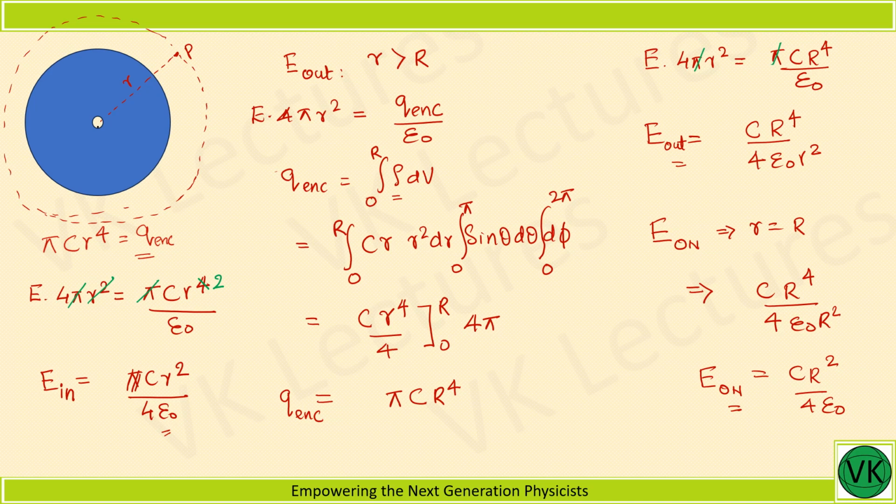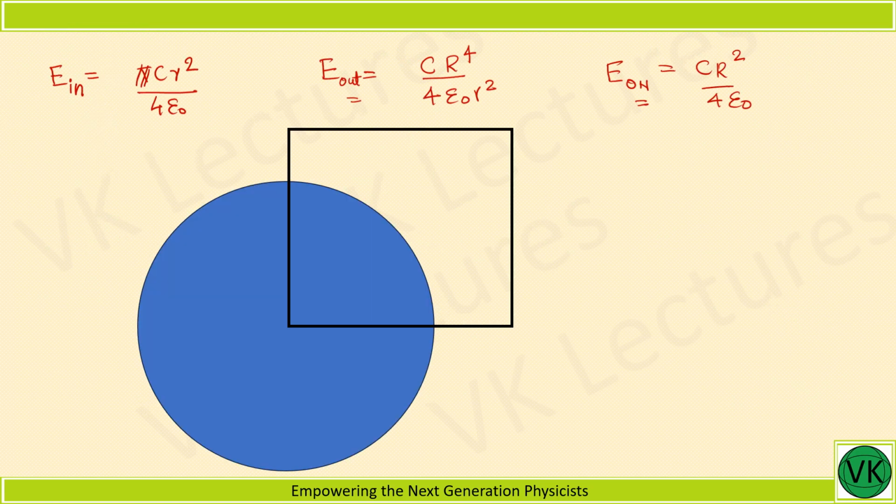So when you draw the graph, it will be something similar to this. We'll see that. Now here we are going to draw the graph of the electric field. So this is our capital R, the radius of the sphere, and along this direction we have r, the radius vector, that is the distance.